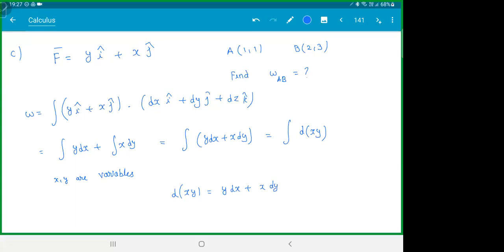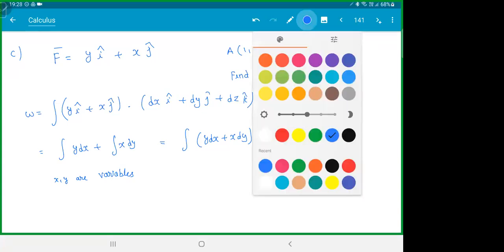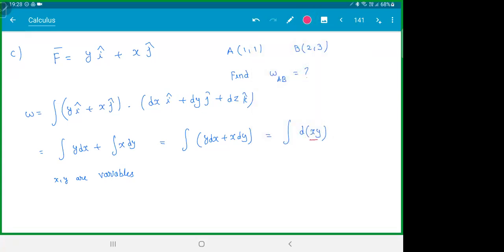Isn't this how you get it? So you can't integrate x or y separately, but together you get d of xy. That means you're integrating a new quantity xy, so the limits go from xa, ya, which is 1 into 1, to xb, yb, which is 2 into 3.